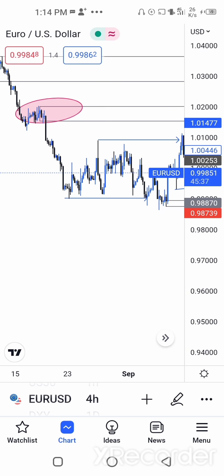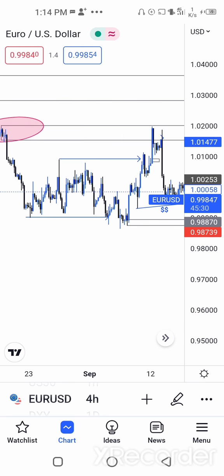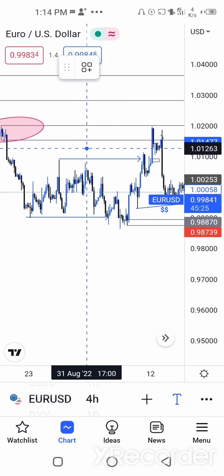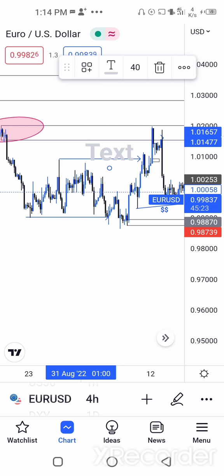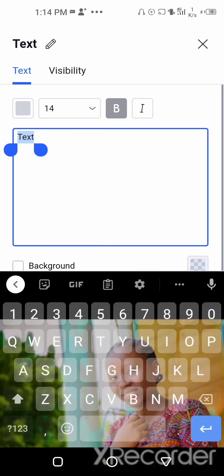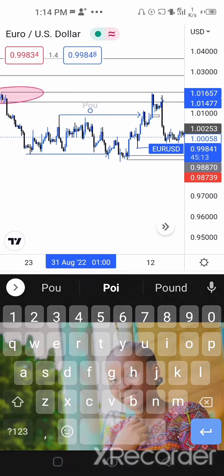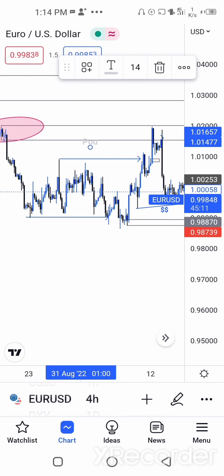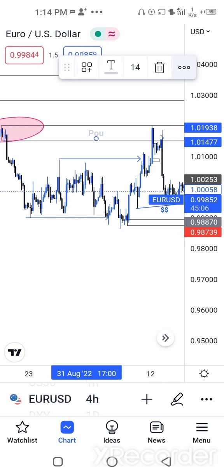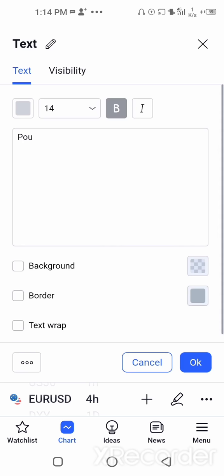Price wasn't there yet. Price wasn't in this pink ellipse zone yet. That's my POI, but price wasn't there yet. So you have to wait for price to get there. Let's just mark it and call it POI. Let's reduce our font to, let's say, 14, and call it POI, not POU, sorry for that mistake.